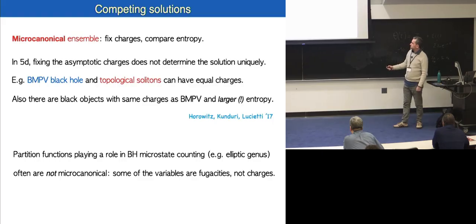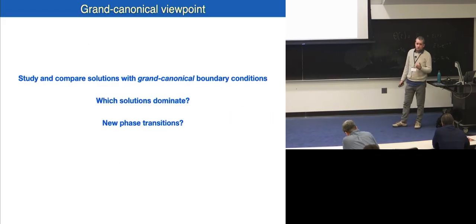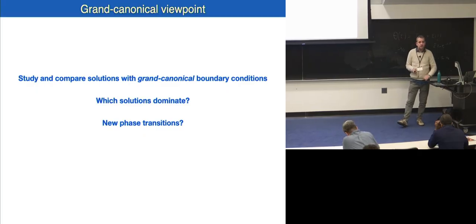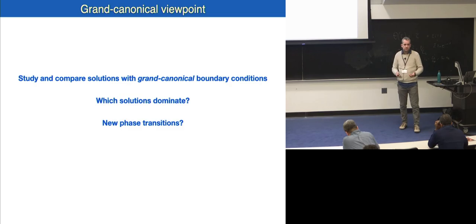So we are interested in considering partition functions that are not directly, immediately microcanonical. So there are some fugacities playing a role. And the questions we ask are whether we can study and compare solutions with grand canonical boundary conditions. And then we ask, which solutions dominate? Are there phase transitions between them? Can we learn something new about quantum gravity from this perspective?